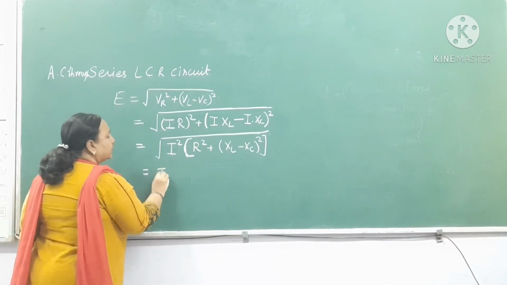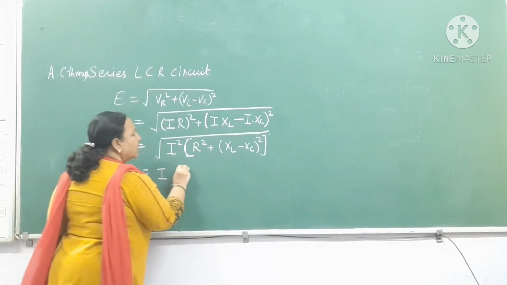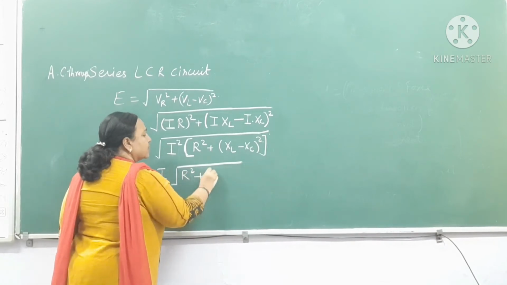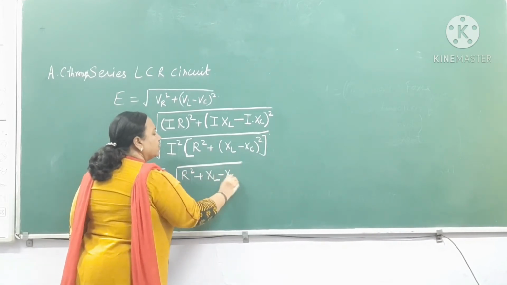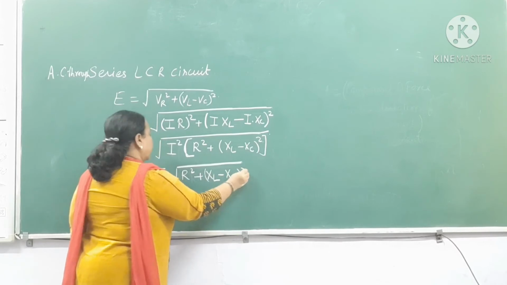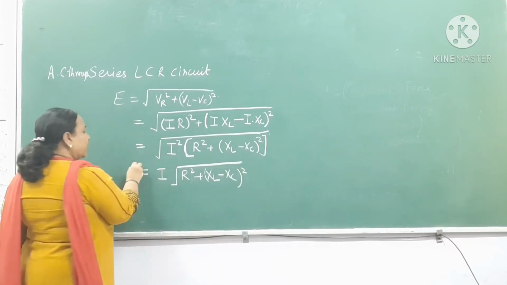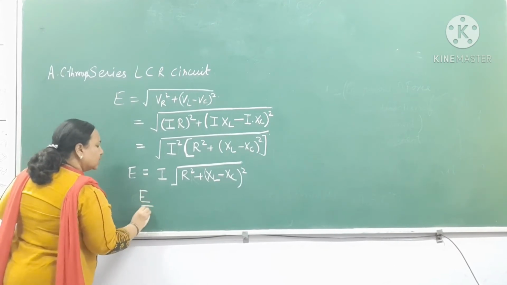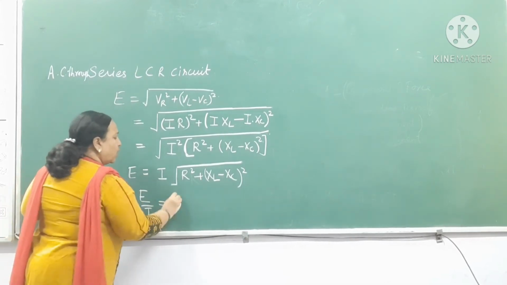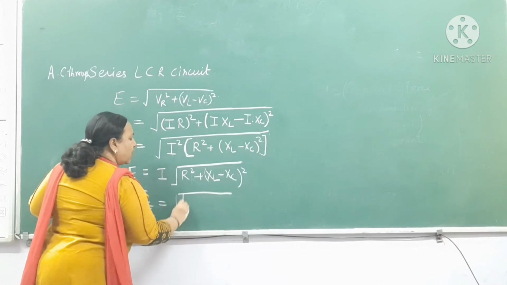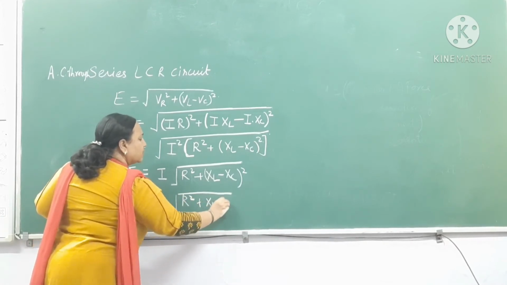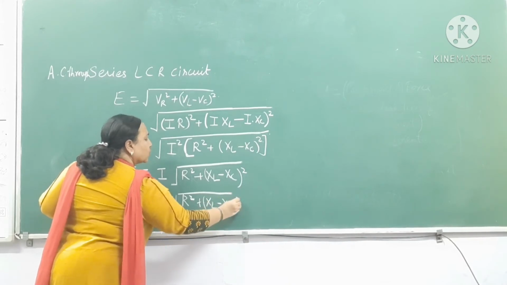Or it can be written as I under root of R square plus XL minus XC whole square. This is the expression for EMF. So E by I is equal to under root of R square plus XL minus XC whole square.